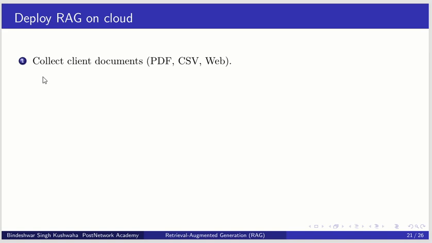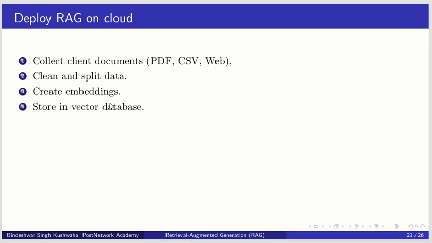Now you can deploy RAG on the cloud. So collect client documents, PDF, CSV, web. Of course you have to clean and split the data. Create embeddings, that is very important. Store in a vector database like ChromaDB. Build a retrieval plus LLM pipeline. You have to build how to do all these things.